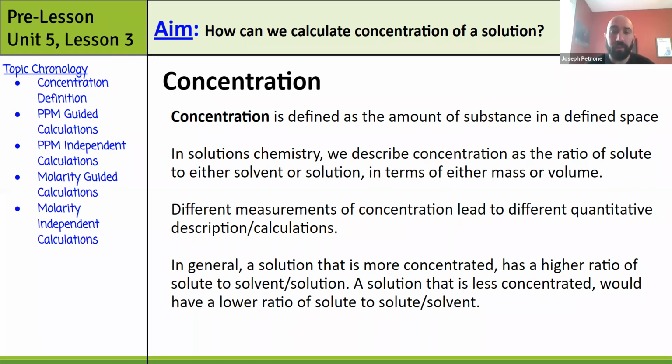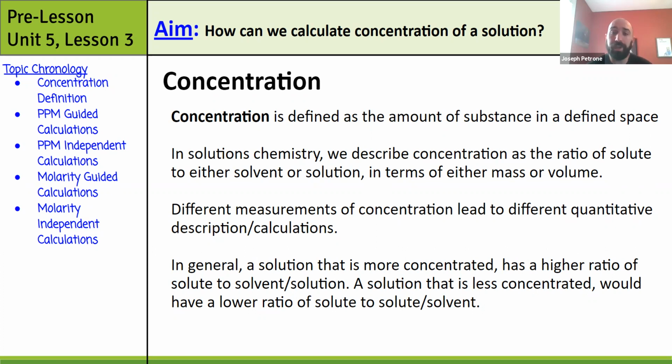All right. And then there are different ways that we can measure concentration, and they give us different numbers. And these different types of measurements lead to different quantitative descriptions or different calculations. So we're going to use two different formulas today. And just to state what concentration is in terms of something that's more concentrated compared to less concentrated.